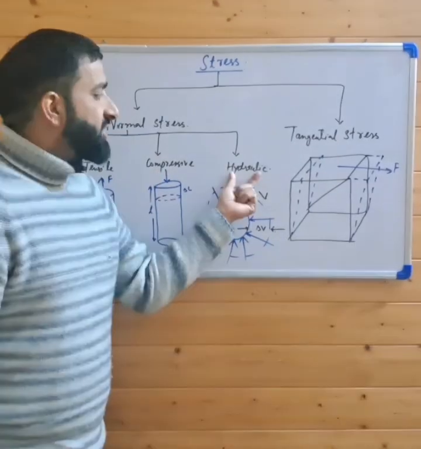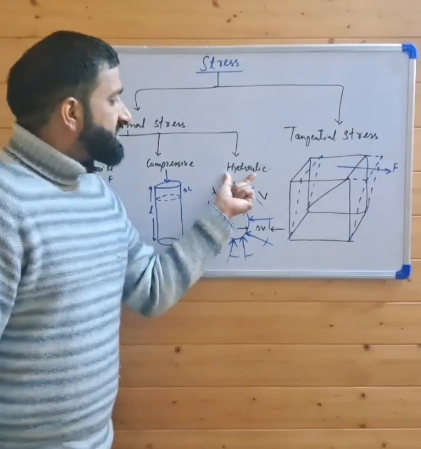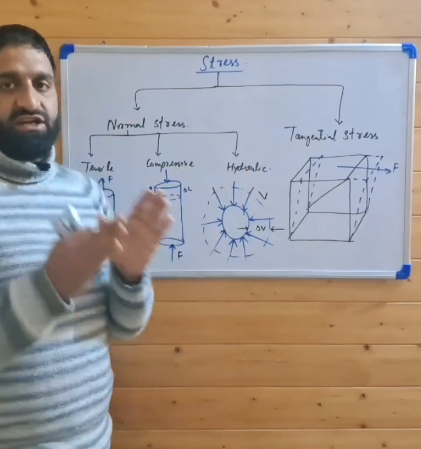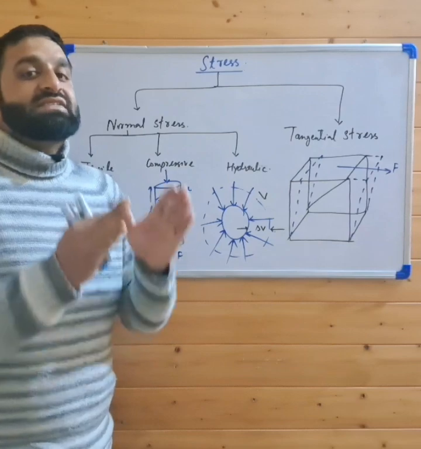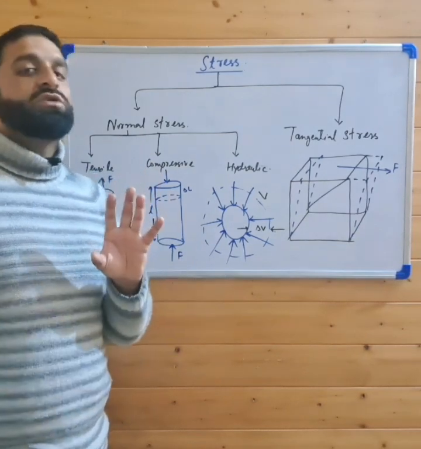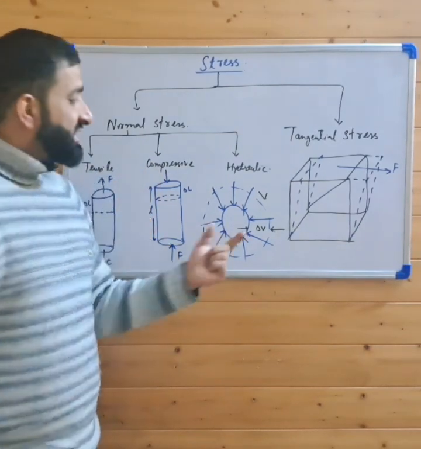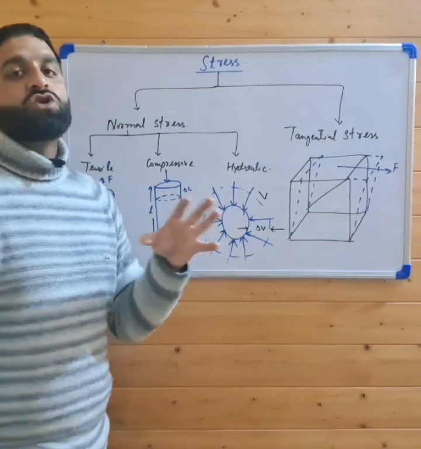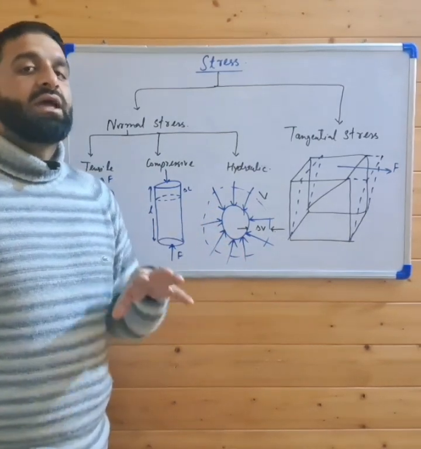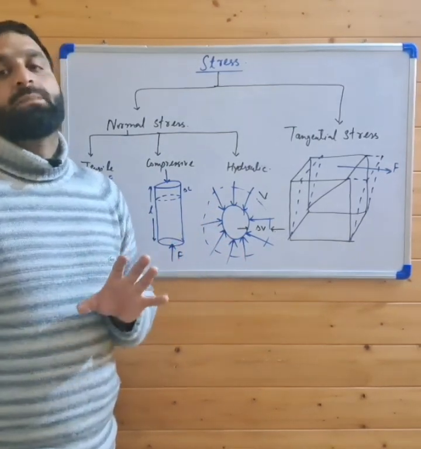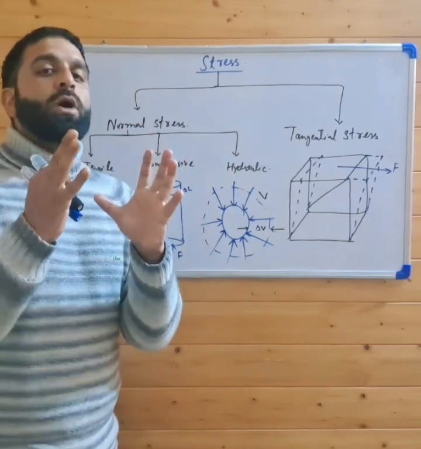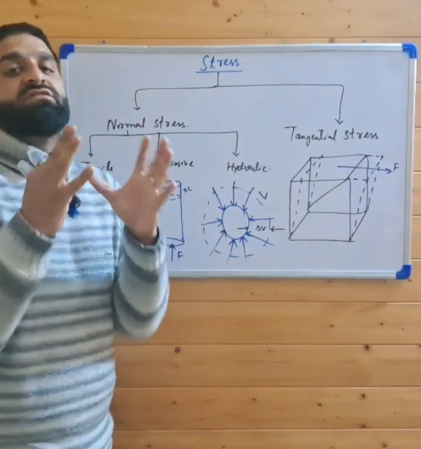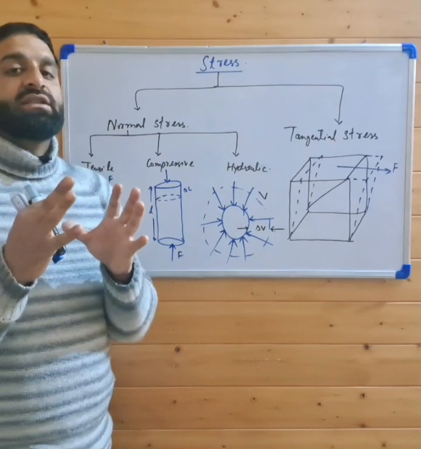Hydraulic stress. In hydraulic stress the deforming force is also normal, but it causes the change in volume without change in the shape. This is possible when a solid body is immersed in a fluid under high pressure, and under that high pressure the volume of the solid decreases without causing a change in the shape.